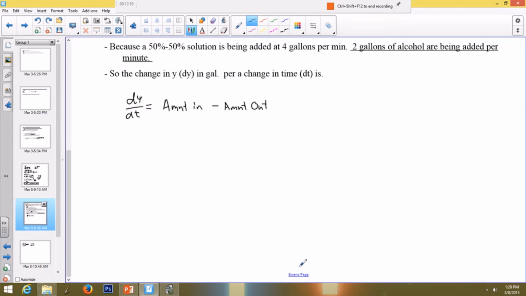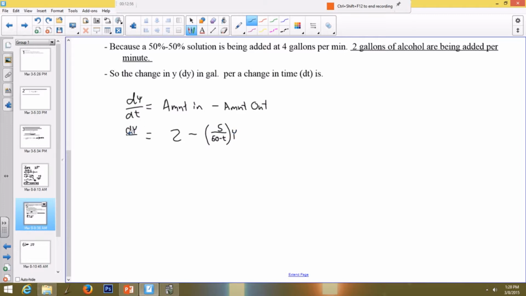And in this particular instance, the amount going in is just 2 gallons per minute. And the amount going out is 5 over 50 minus t times y.